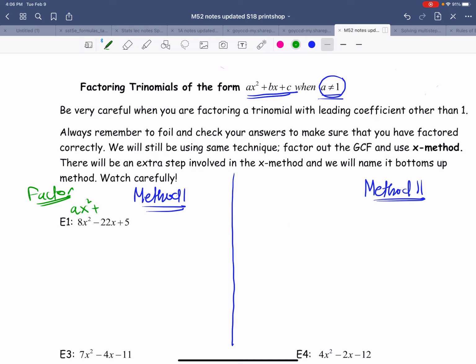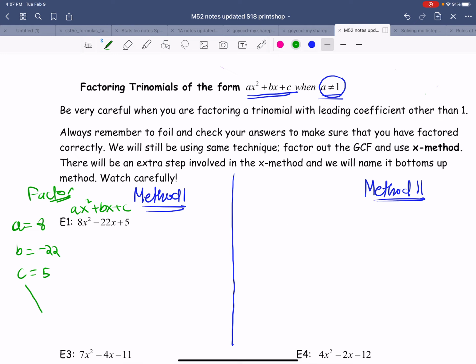There's no equal sign in here. The very first step is to compare it to the standard form of the quadratic, which is ax squared plus bx plus c, and figure out what a is equal to. A is 8, b is negative 22, c is positive 5.